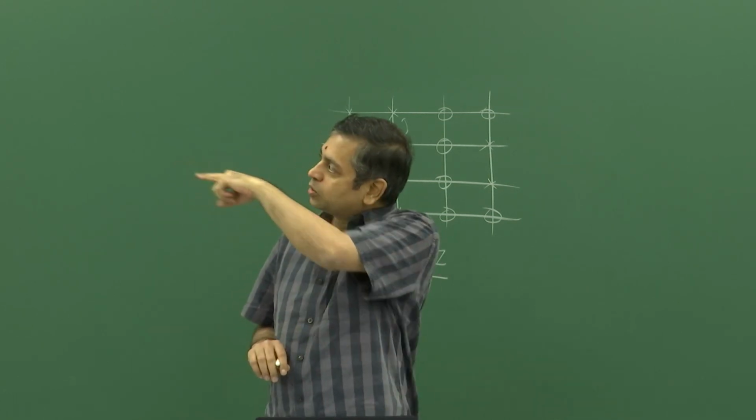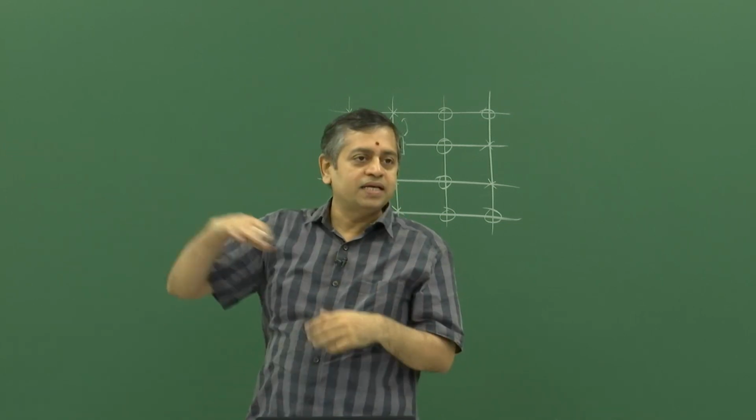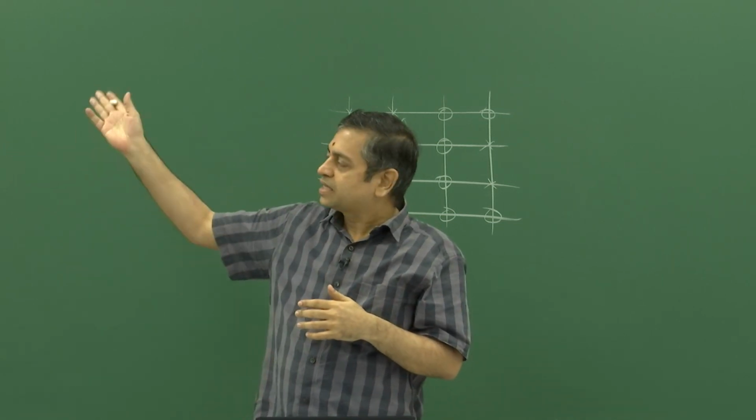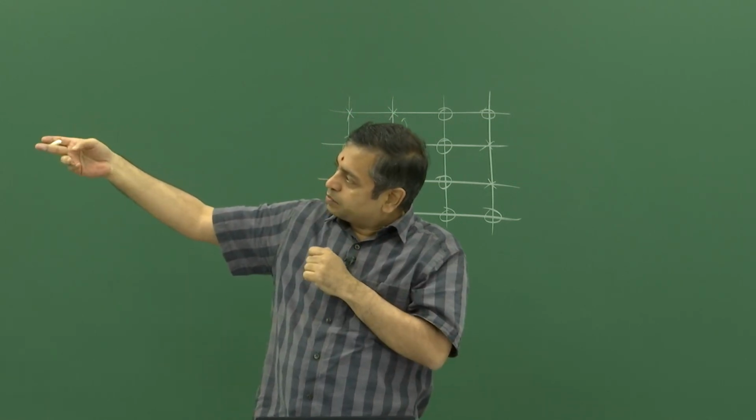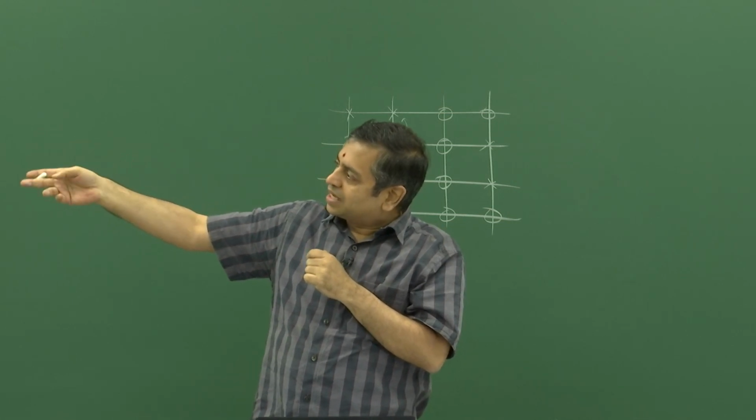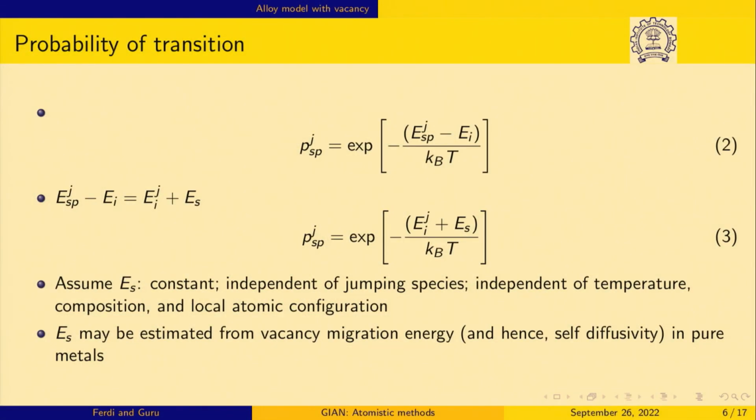So, the probability depends only on how high the saddle point is from the ith state to make the transition to the jth state, that is the nearest neighbor. And because there is a relationship between these energies and the saddle point energies, you can write the same expression, but that saddle point energy minus E_i can also be written as E_ij plus E saddle point. Do you see that?